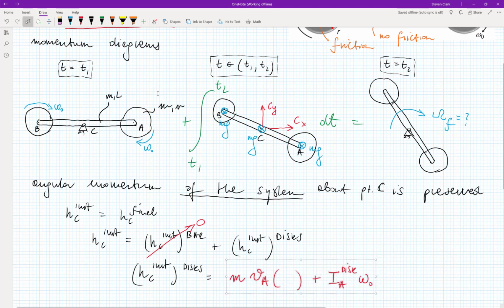Okay, guys, what distance should I put in here? This should be the distance between point C and point A. So this distance is going to be L half.